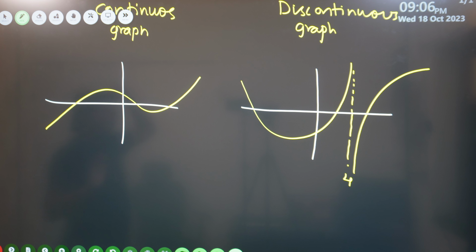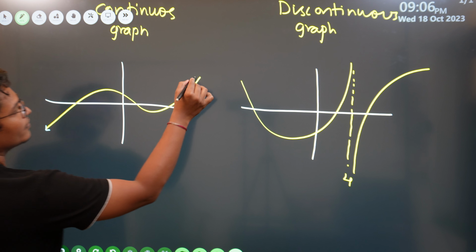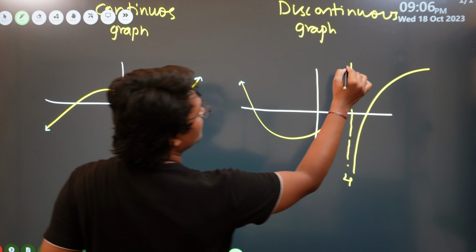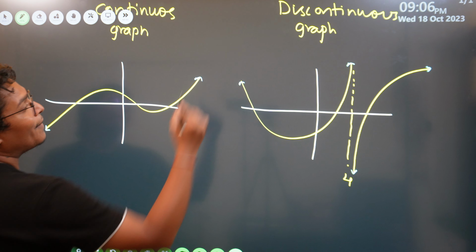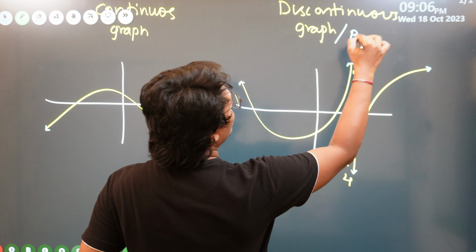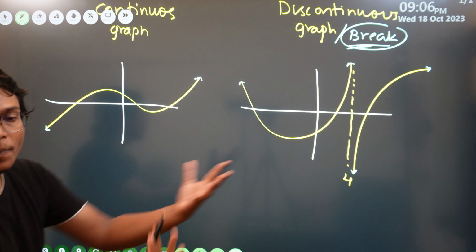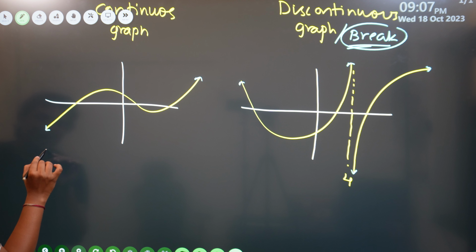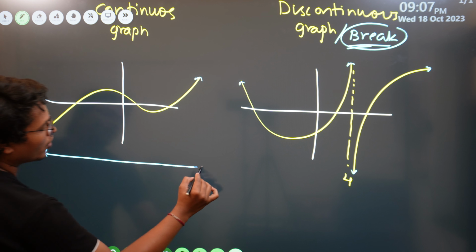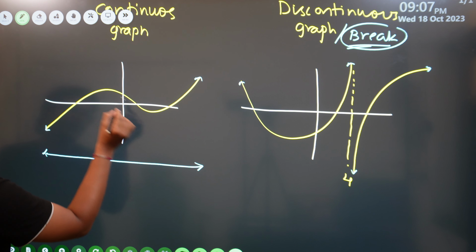Now see, what do I mean by continuous and discontinuous? By discontinuous, I mainly mean any break. Is the graph broken in two parts or three parts or more? If I start on the x-axis and move towards the right side, are you seeing any break in the graph?